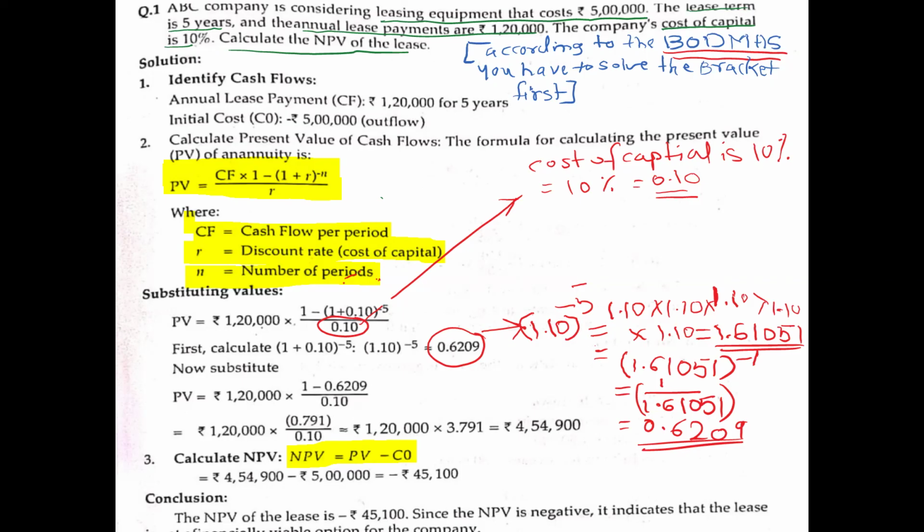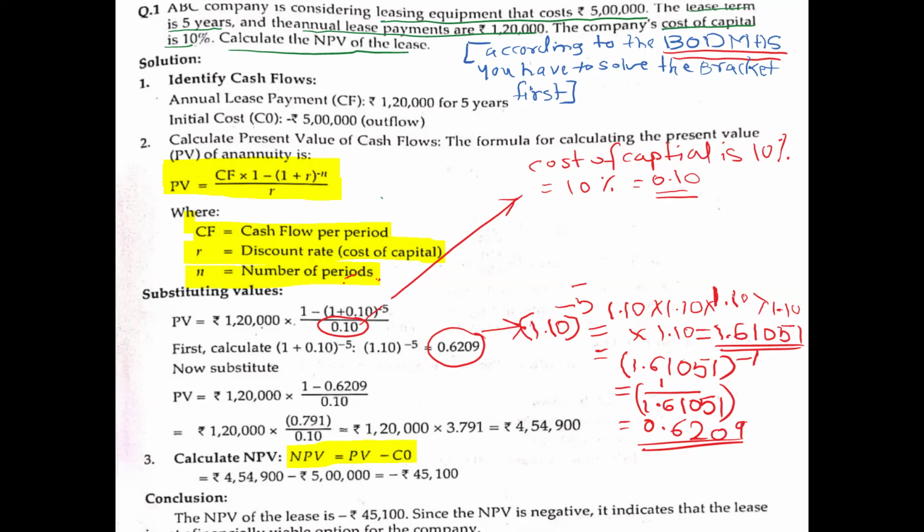Next, third, calculate NPV. NPV is equal to PV minus CU. We get NPV as 4,549,000 minus the PV of 5 lakh. We have the lease equipment that costs 5 lakhs, so we have taken 5 lakhs.